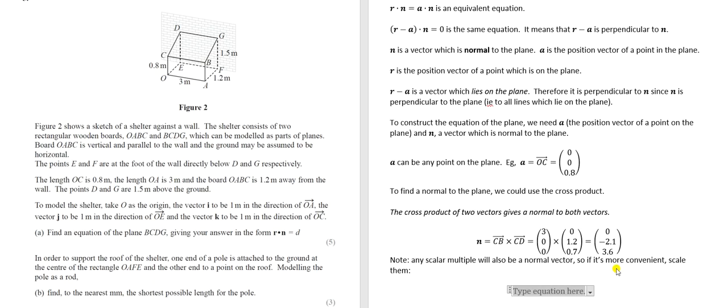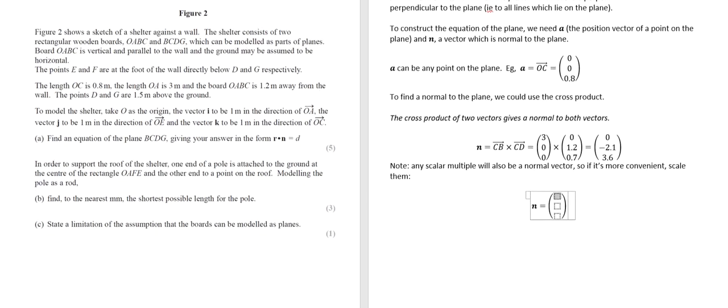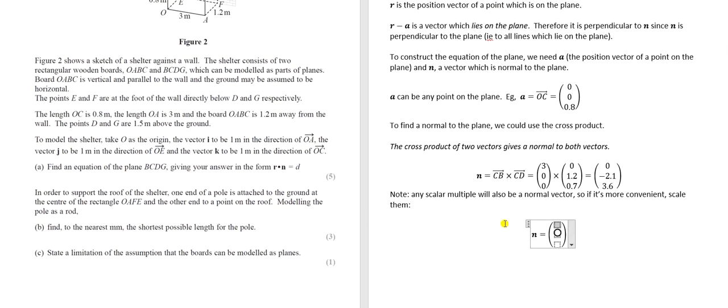So we might say something like the n that we're going to use is going to be equal to, if we want a scaled version of that, the simplest thing to do here is perhaps to multiply all the terms by 10. So we get minus 21 and 36. And then because both of them divide by 3, we could turn that into a 7 and a 12. That might be a little simpler. Now, that's a valid normal vector and it's written in a convenient way.